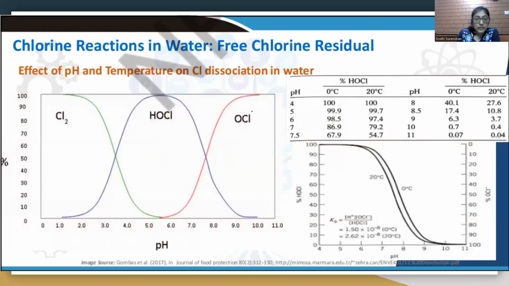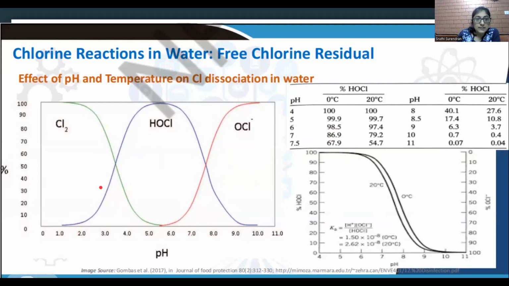So you can see over here, this is giving us the free chlorine residual with respect to pH. If you see, when the pH is at a value less than 4, free chlorine is available as Cl2 in water, and this is what is acting as the disinfecting agent at this pH value.